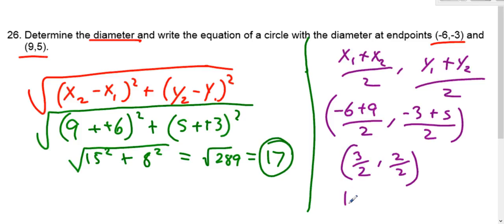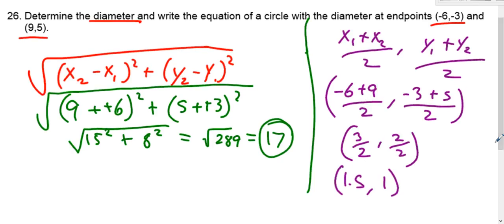So I would write that as 1.5 comma 1. So that's our center. That's the middle of the diameter, the center. This is the diameter.